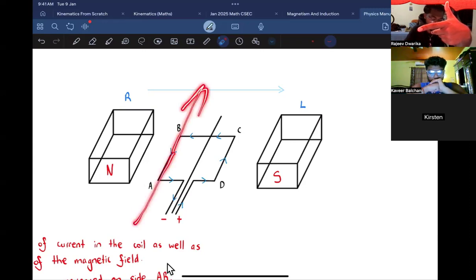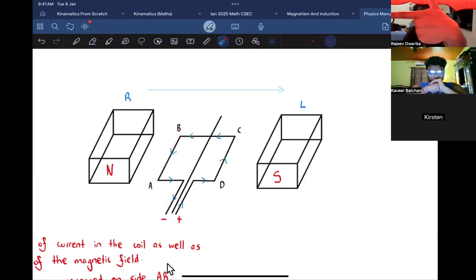So should it be going into the screen or away from the screen? Away. So that will be pointing towards you. Okay, so the magnetic field lines up north to south and the current points towards me. So the last finger is thrust, or force. Where's that pointing?